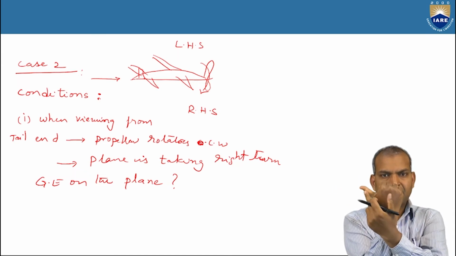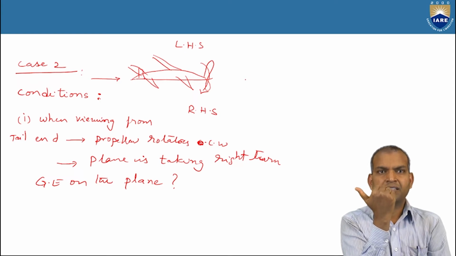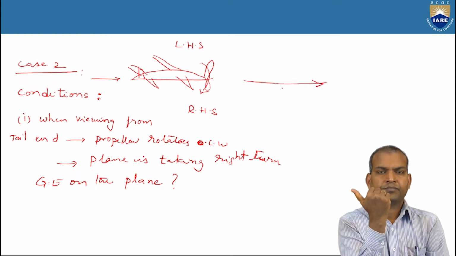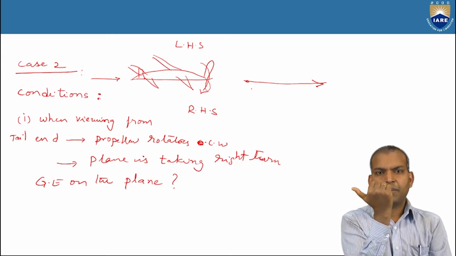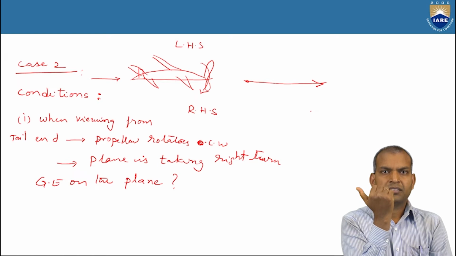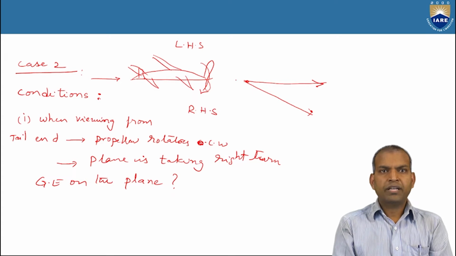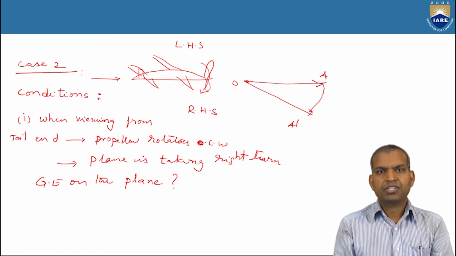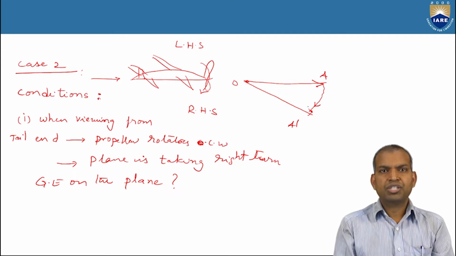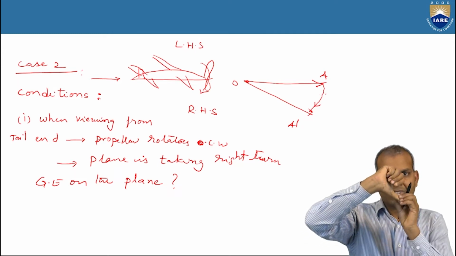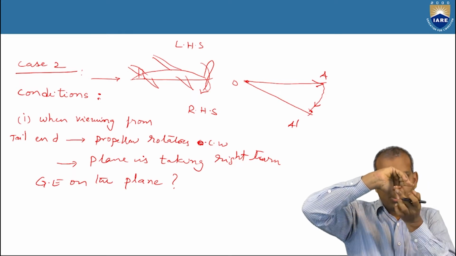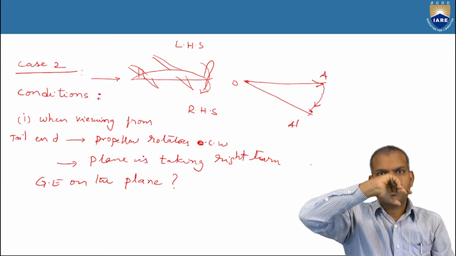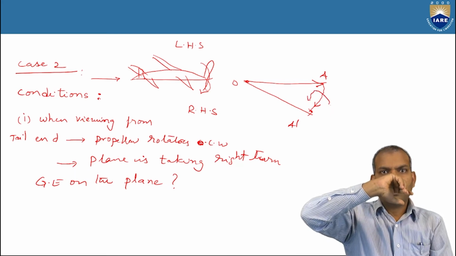This thumb represents the direction of the angular velocity vector. Now the plane is taking a right turn. The right side means this direction. Now join, suppose this is OA. The new vector is OA dash after taking the right turn. Join A to A dash. Keep your thumb in the direction of A to A dash. This folded finger represents the effect of the active gyroscopic.